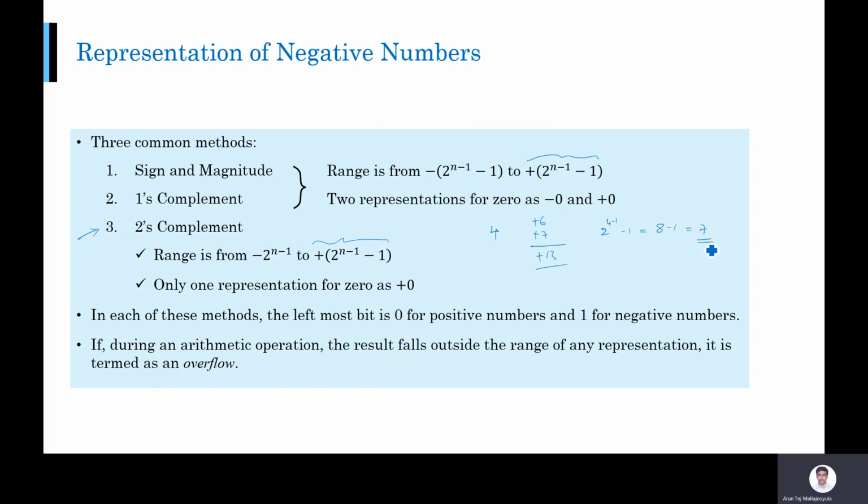So the maximum number that you can represent is plus 7, while your arithmetic operation is supposed to give you plus 13. So you cannot really represent this large number in this form. Therefore, what you say is that an overflow has occurred, and whatever value you get will be an error. It's a wrong value. Okay, so we will take up examples where this doesn't occur first, and then we will move later to overflow in more detail.